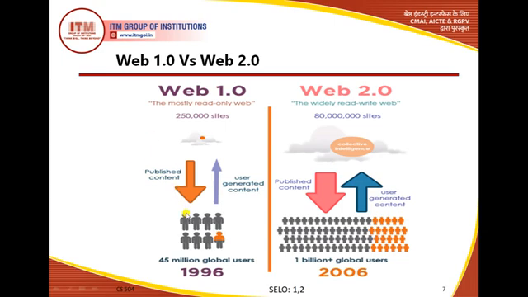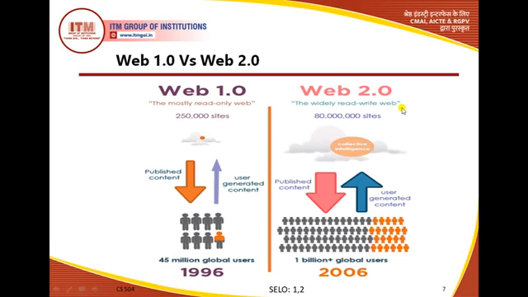Mostly published content was there, and user-generated content was not that much. So in 1996, 45 million global users were using Web 1.0. And now Web 2.0, the widely read-write web.